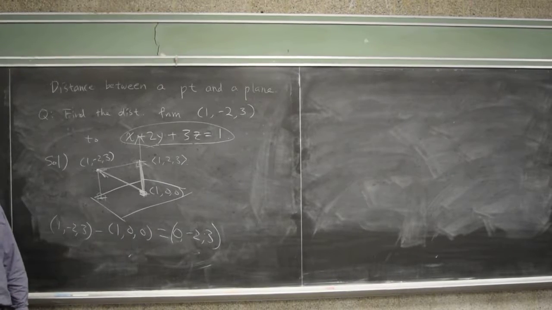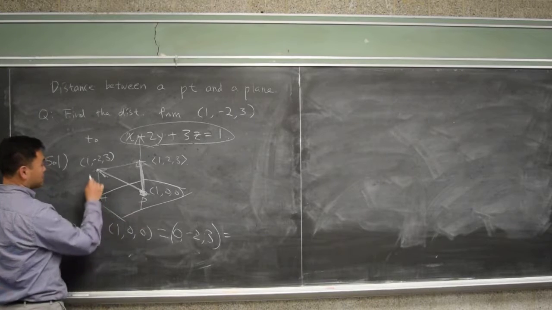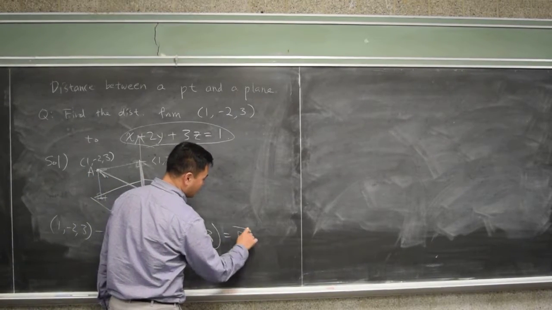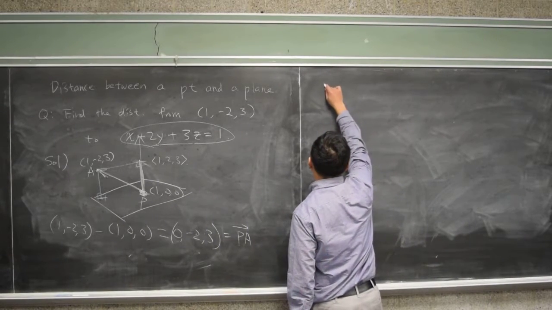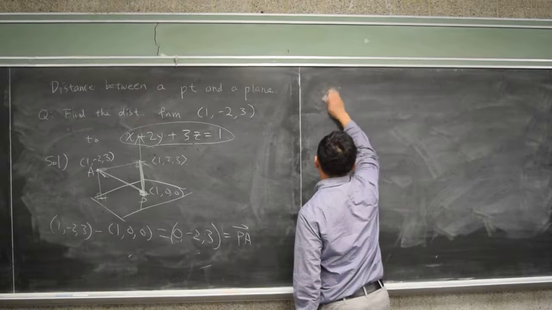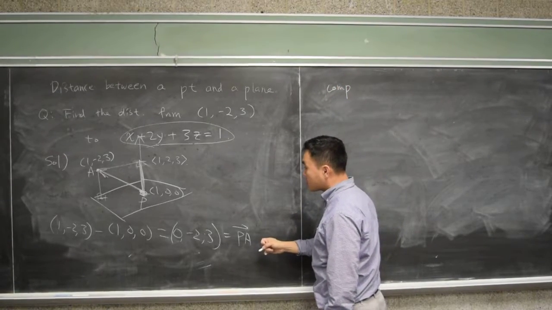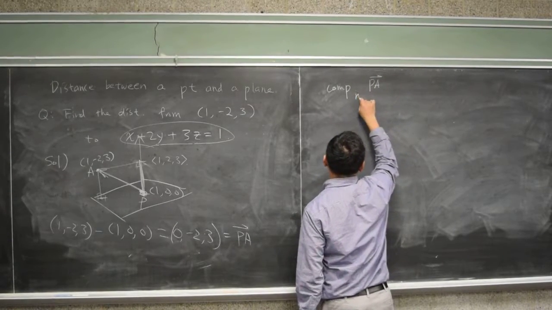And then if I call this vector PA, what we are trying to do is I want to project or find a component of the vector PA in the direction of the normal vector.